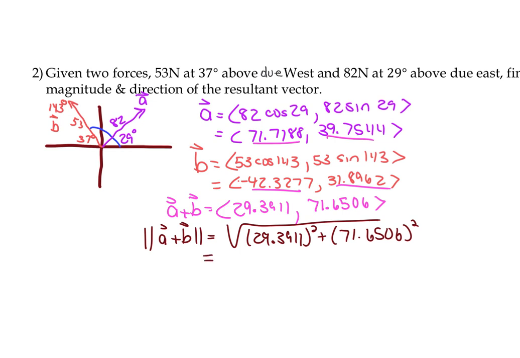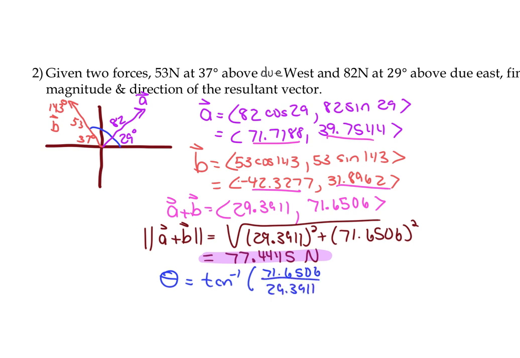And our magnitude is going to be 77.4445 newtons. So there's one solution. Now we're going to go find the direction. So theta's the arctan of 71.6506 over 29.3911.